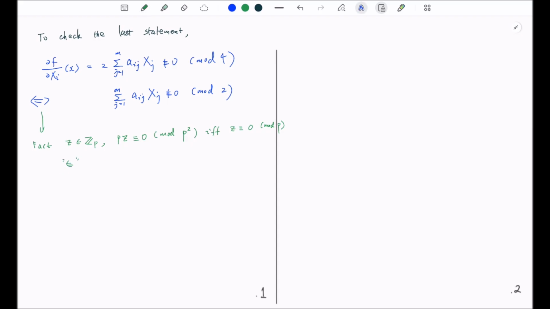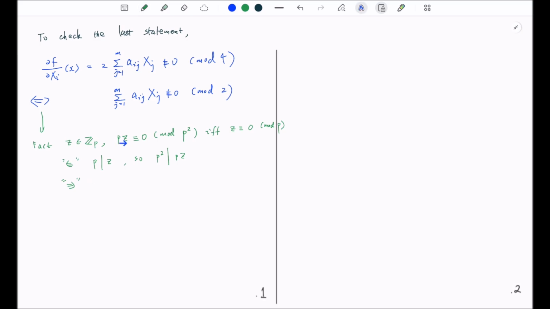The backward direction is trivial because this condition means p divides z. So p squared will divide p times z trivially. The forward direction is also easy.